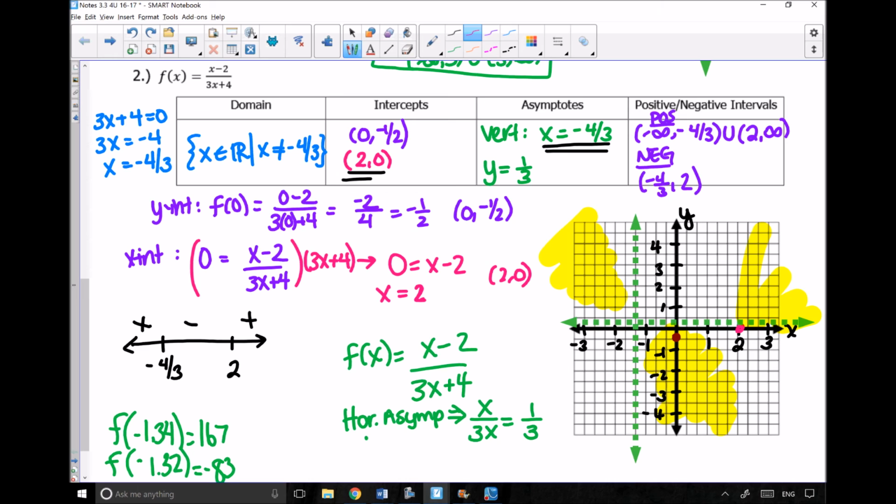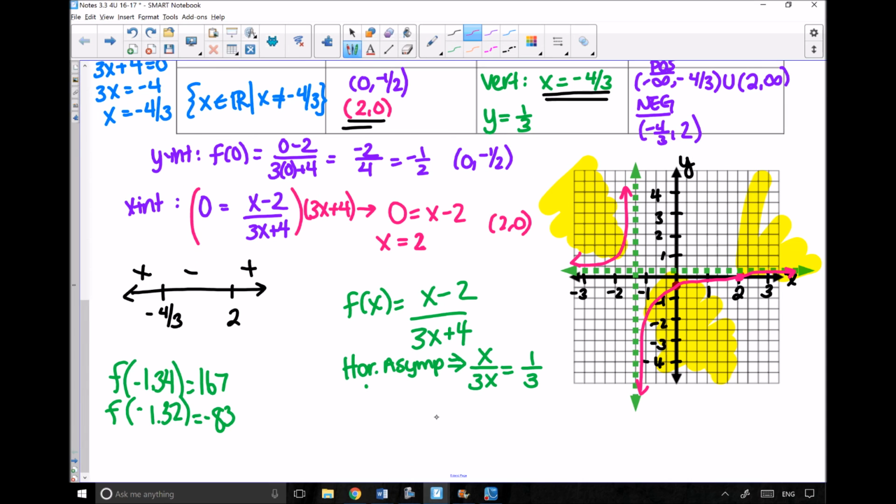I know that this graph right here is going to be increasing as follows here. And I know my graph is going to be increasing here. It's going to go through the y-intercept at -1/2, and my x-intercept at 2, and it's going to try to approach this asymptote, but it just won't touch it. That's what my graph will look like right here. The last piece asks me to figure out where my graph is increasing and where it is decreasing.